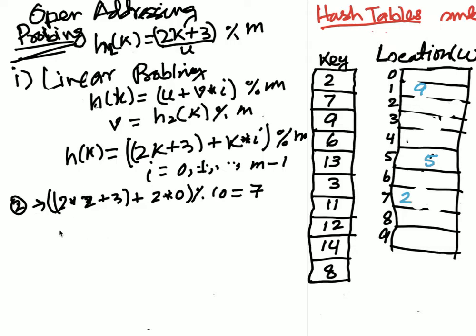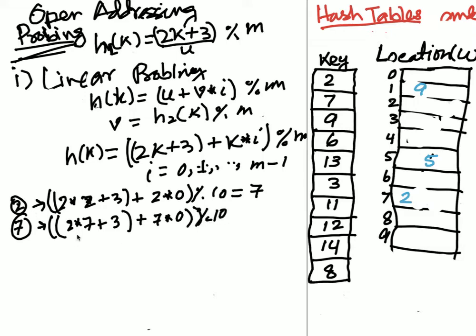Now for 7, let us see what happens. 7 is 2 times 7 plus 3, which is 14 plus 3, 17, plus 7 times 0, and then the whole modulus 10.